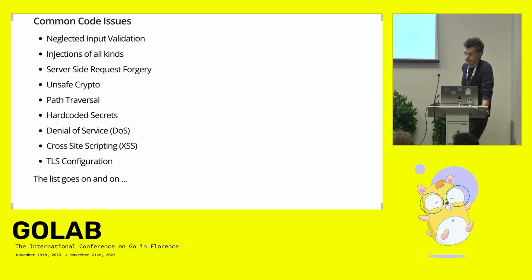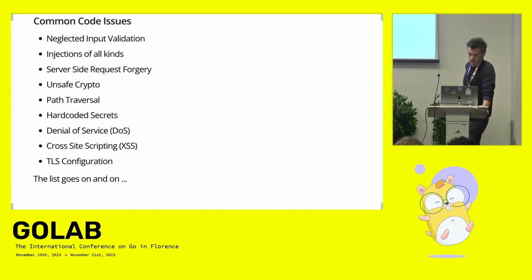Then more typical issues like hard-coded secrets in code. Hopefully fewer people do this kind of thing today. They are also in configurations and so on. Also denial of service, it's quite a common issue. And maybe cross-site scripting, if you use Go templates, is also an area to look at.